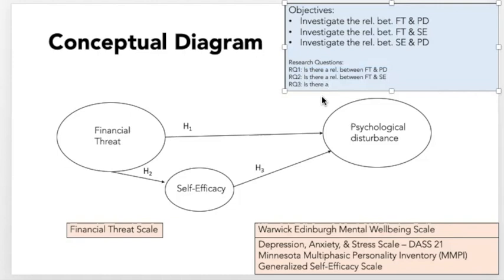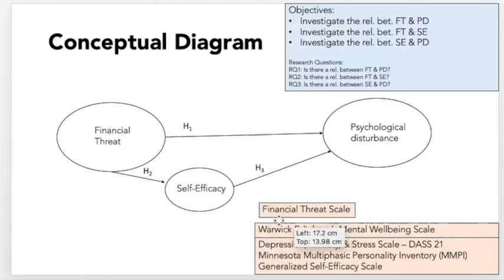Is there a relationship between self-efficacy and psychological disturbance? So these are our research questions. Now see the consistency here. This is super consistent. It all starts from this diagram, and I have 3 objectives, three research questions, and we can now develop hypotheses for the same as well.